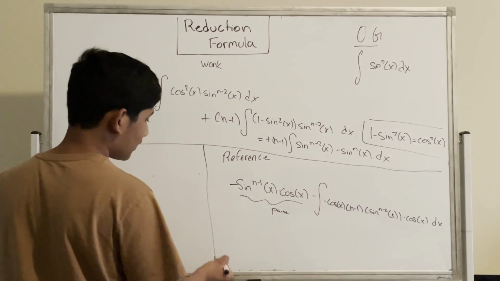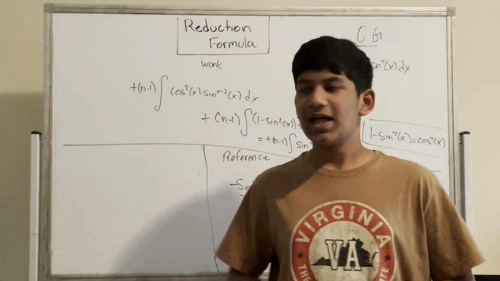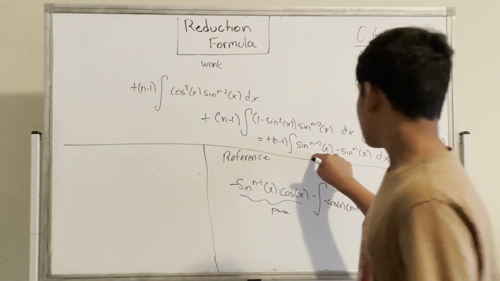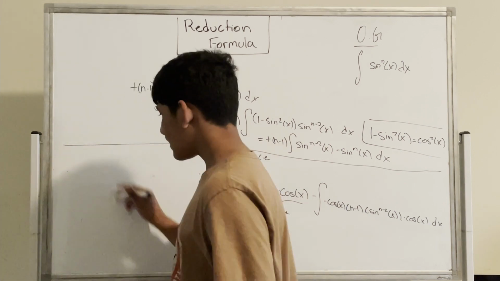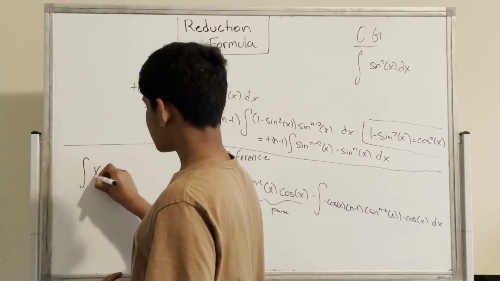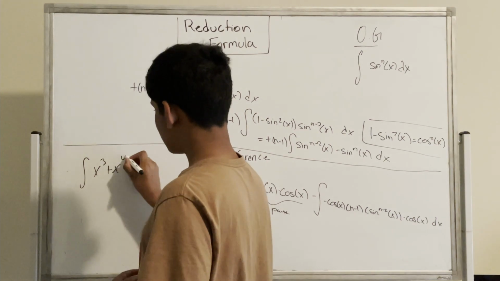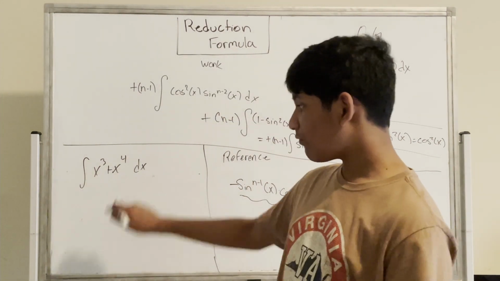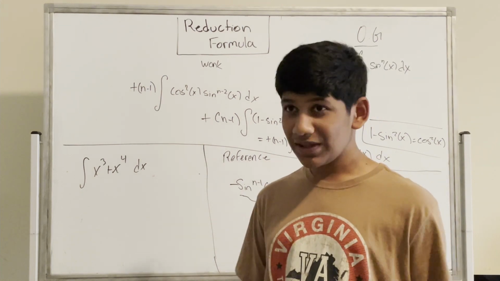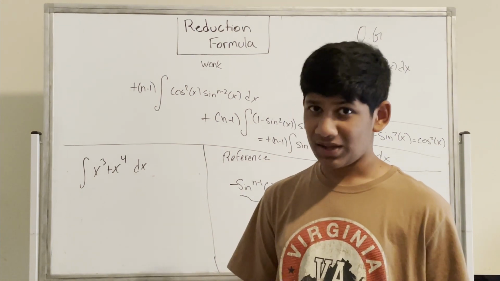Okay. So, continuing, as you can see over here, we have this integral. Now, notice that let's just say we have the integral of x cubed plus x to the 4 dx. Now you might be wondering, do we have a generalized integral for this? Well, actually, we pretty much don't have a generalized integral.